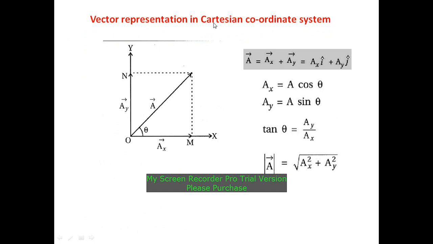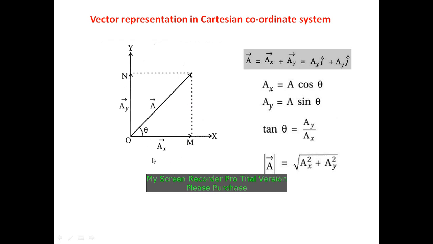Vector representation in the Cartesian coordinate system. This is the Cartesian coordinate system, and I have shown it here in 2 dimensions, x and y. This is our vector A, which is in the xy plane. The projection of vector A on the x axis is m, and the projection of A on the y axis is n.